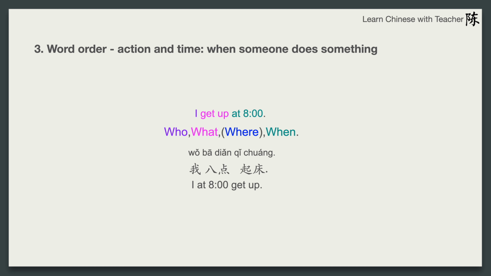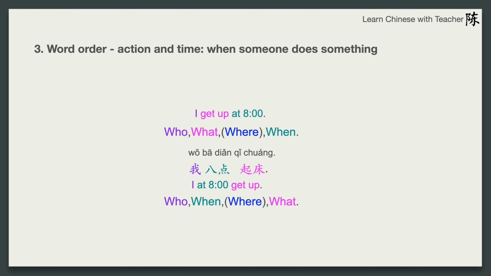Literally, it means I at 8 o'clock get up. 我 I is the person. 8点 at 8 o'clock is the time. 起床 get up is the thing I do. The word order of the Chinese sentence is who, when, what. The location is also not mentioned.